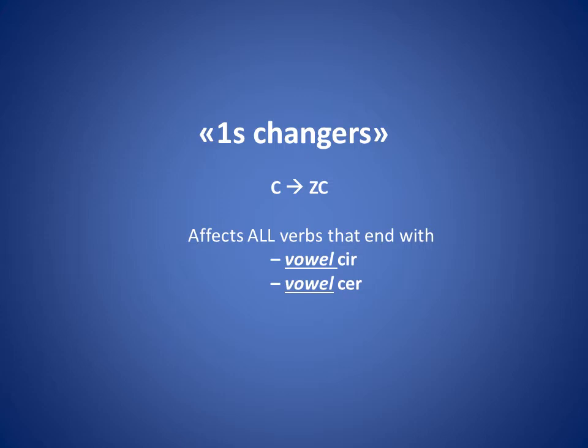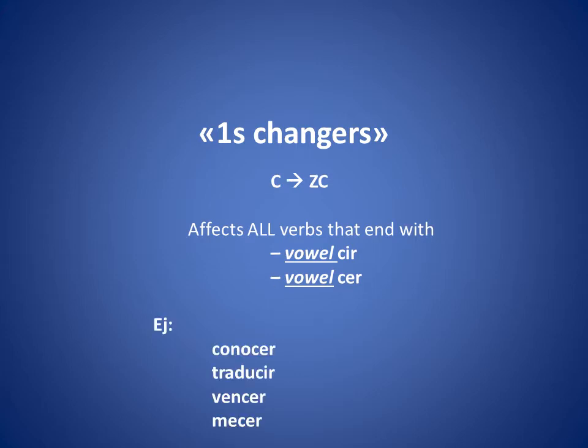Now remember, when we learned about spelling changes, those orthographic changes, we learned that when a verb ends in CIR or CER preceded by a consonant, we have just the run-of-the-mill spelling change that happens. Nothing unexpected, but this is a true irregularity affecting verbs ending in vowel CER or vowel CIR.